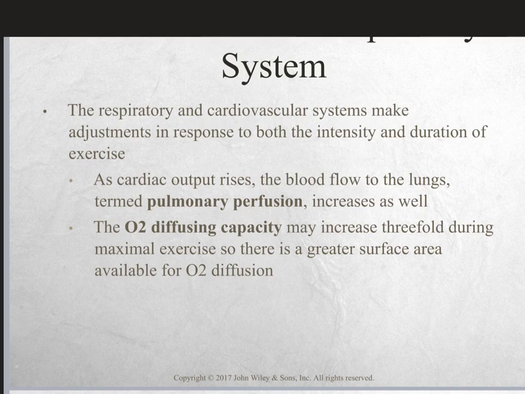So as cardiac output rises, the blood flow to the lungs, termed pulmonary perfusion, so we see that word here, will increase as well. The oxygen diffusing capacity will increase threefold during maximal exercise, so there's a greater surface area available for oxygen diffusion.